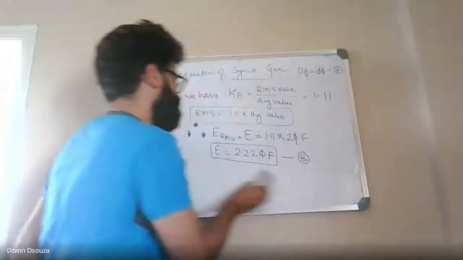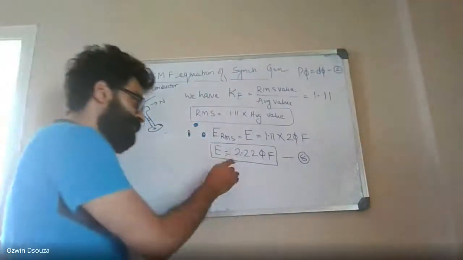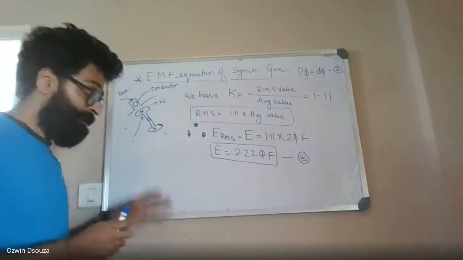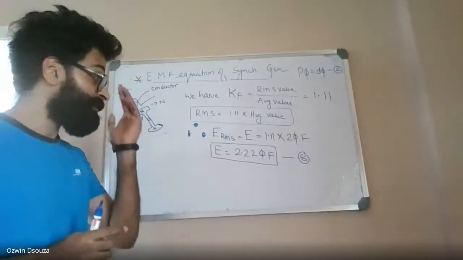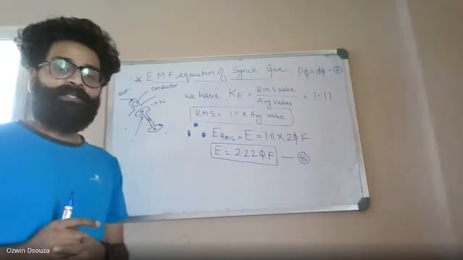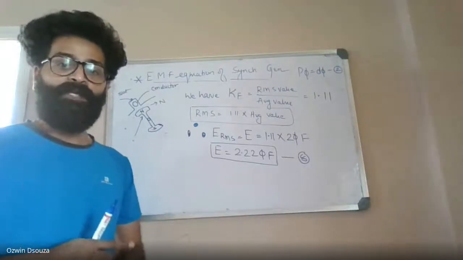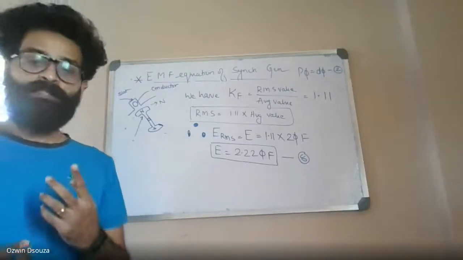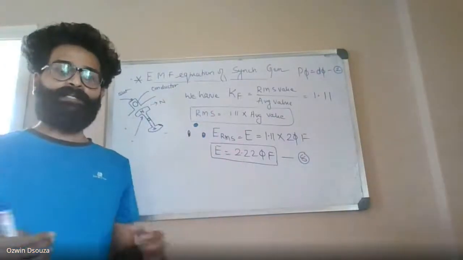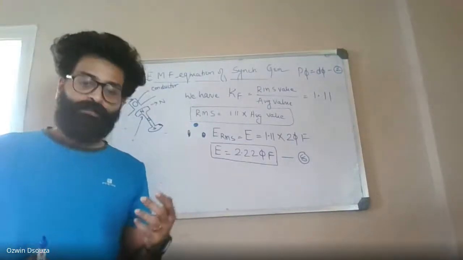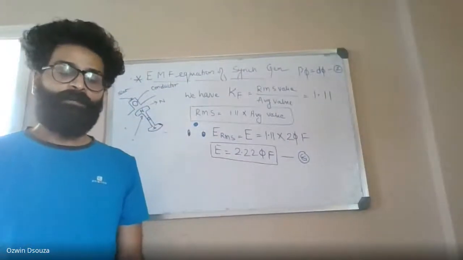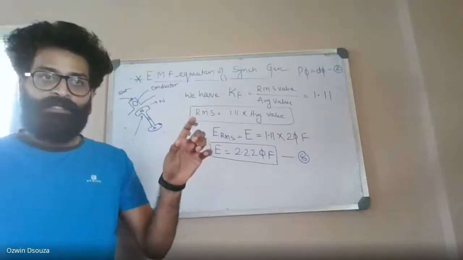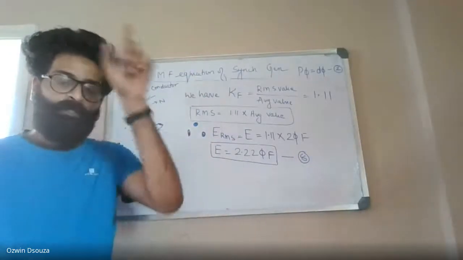So this is the expression for the induced EMF, that is, the RMS value of induced EMF in an alternator. But this is not the complete EMF expression. How many conductors did we consider while deriving the expression? We considered one single conductor. But in a real alternator, you will not have a single conductor. Instead, you have multiple conductors. You can recall the construction of the stator: I had placed the conductors all around the periphery of the stator.